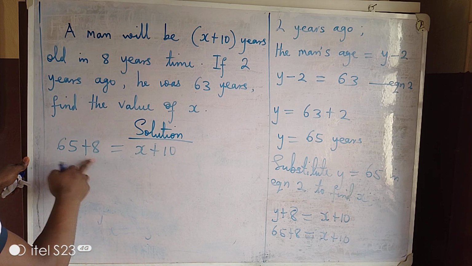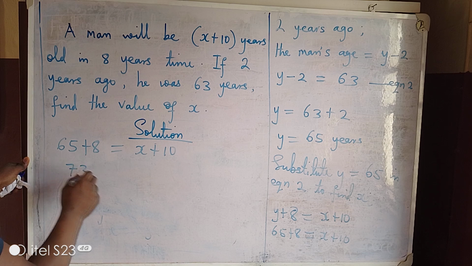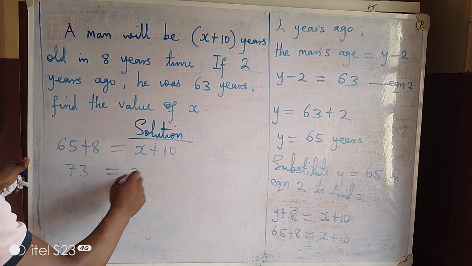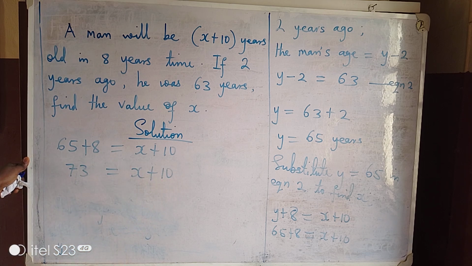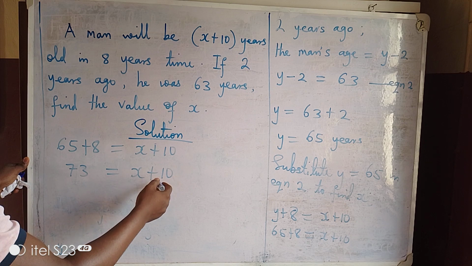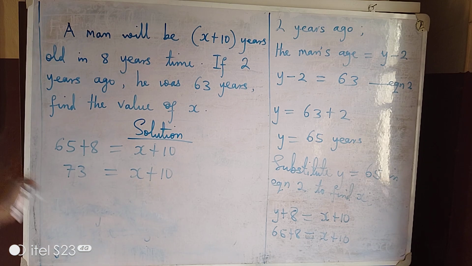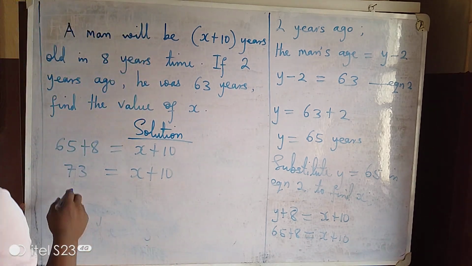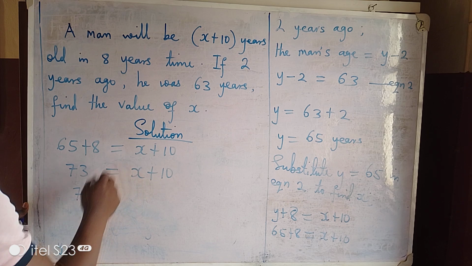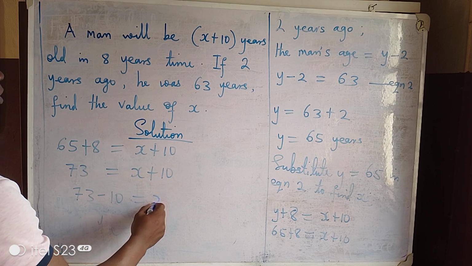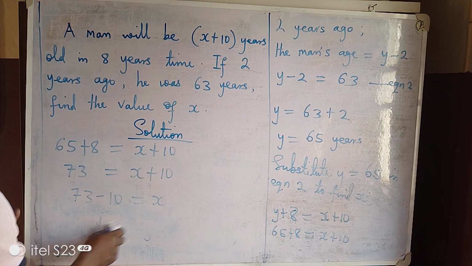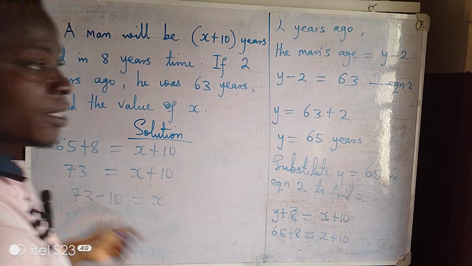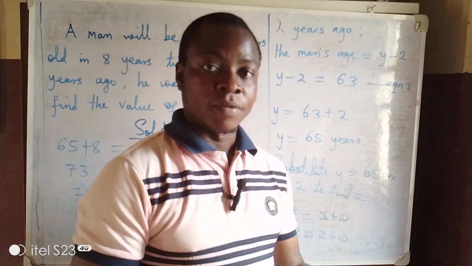65 plus 8 will give us 73 equals x plus 10. If you take positive 10 across the equality, it will be negative. So we have 73 minus 10 equals x. That is, you are subtracting 10 from both sides.